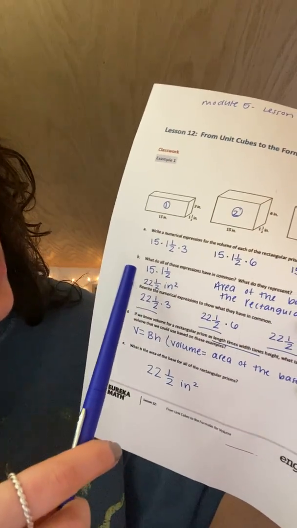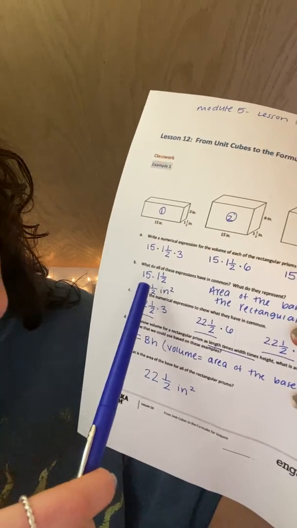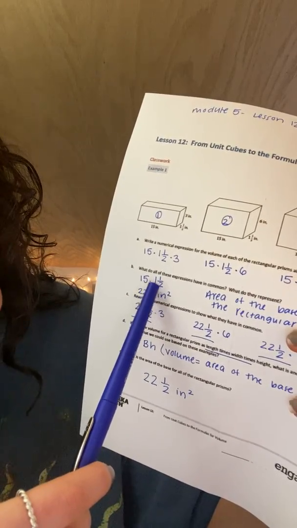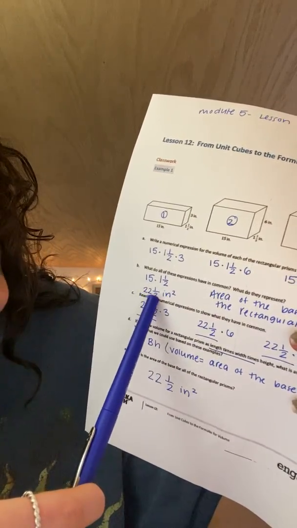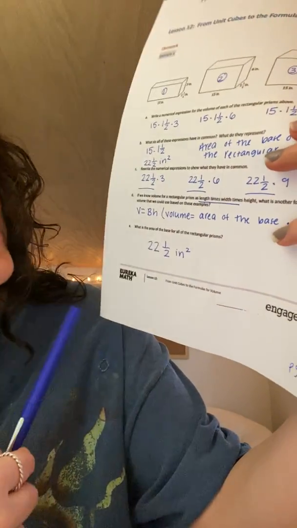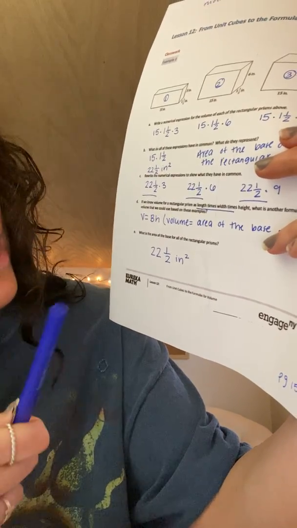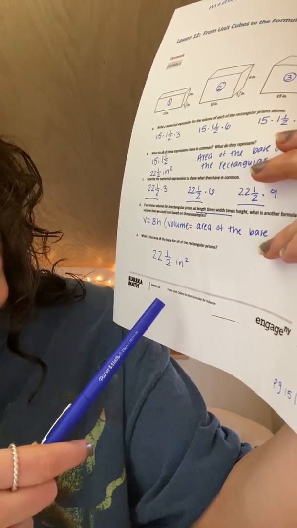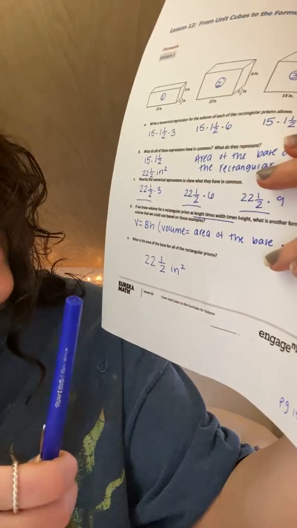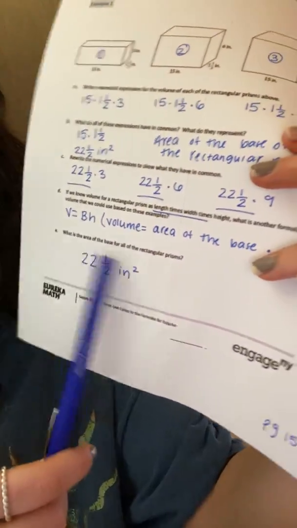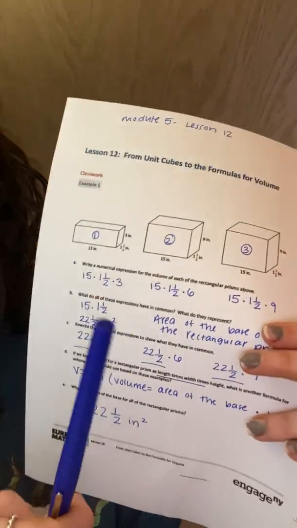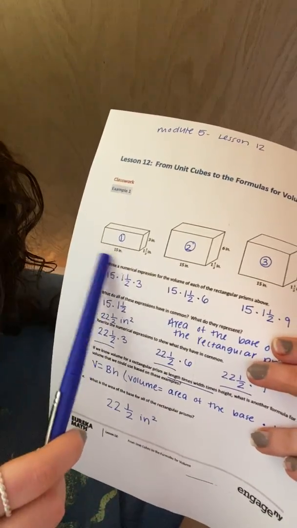But when you multiply the length and the width together, 15 times 1 1/2, you get 22 1/2 inches squared. So that is your answer for down here. 22.5 is the area of the base, and again, you find that by multiplying the length and the width together. So that was page 151.